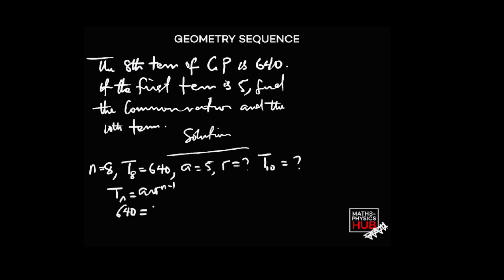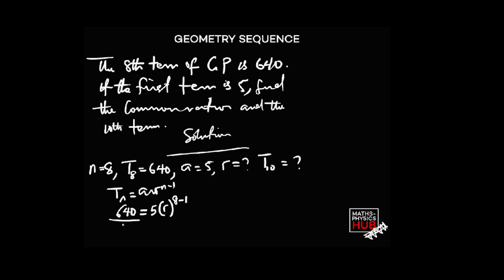Then the first term is 5, and the common ratio R is what we're looking for. So we have 640 equals 5 times R raised to power 8 minus 1.